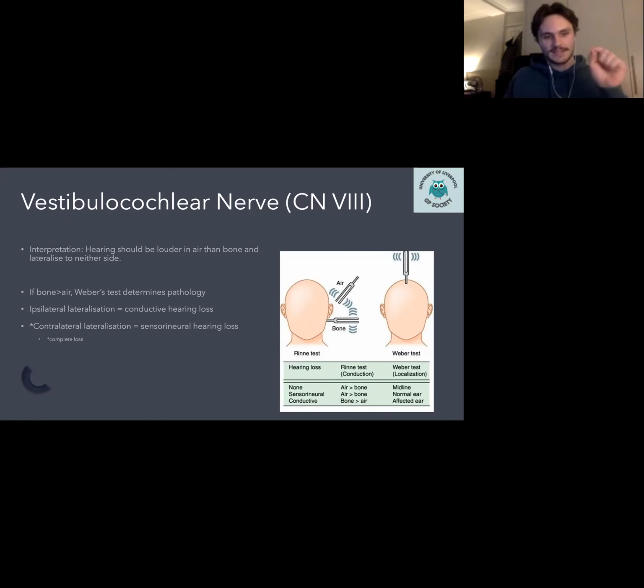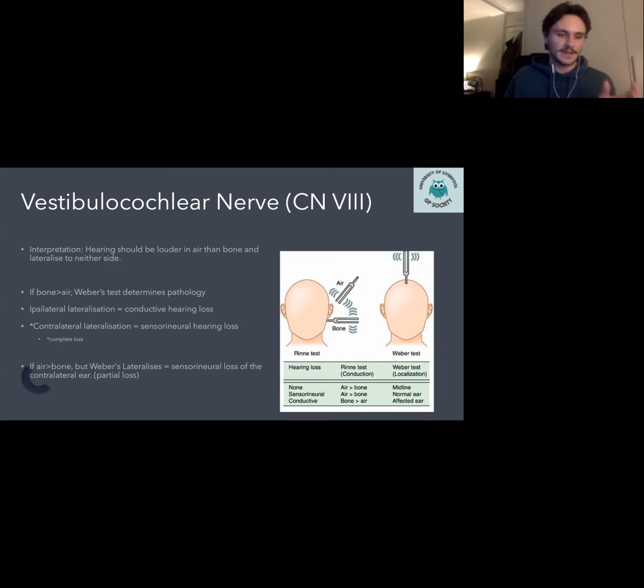If Weber's test lateralizes away from the side where bone is louder than air, that is complete sensorineural hearing loss. And actually what's happening in Rinne's test is you're pinging the fork, you're putting it on the mastoid, and it's vibrating all the way around the skull and entering the nerve here.